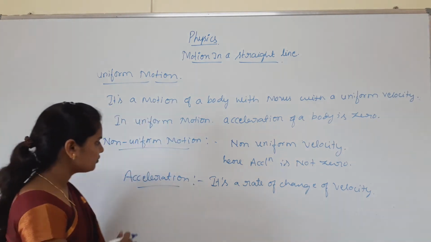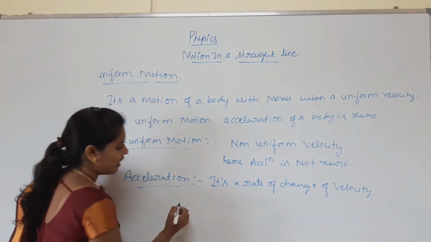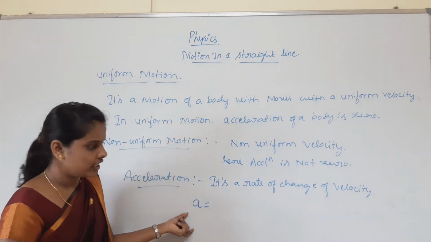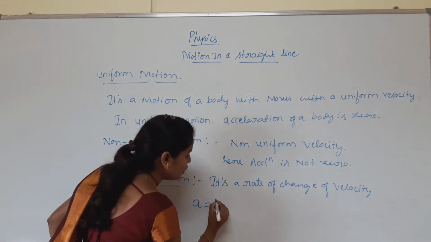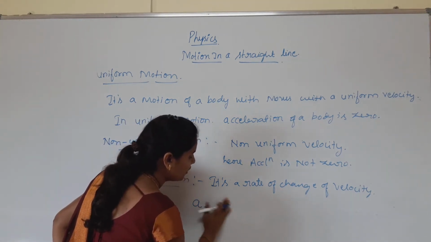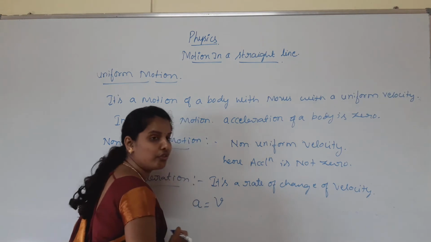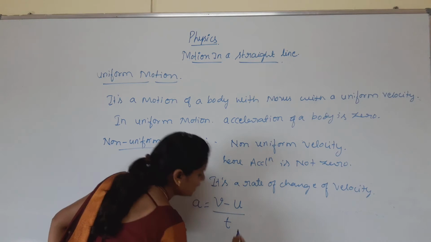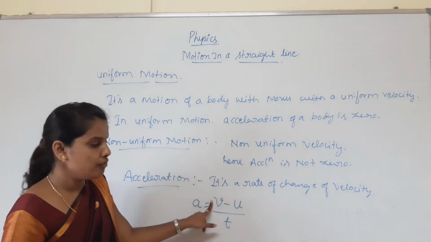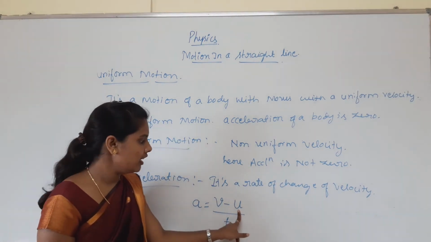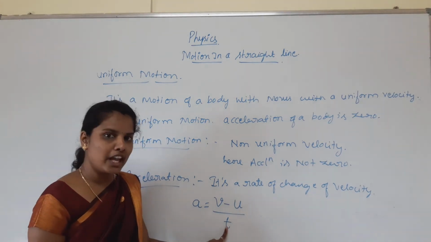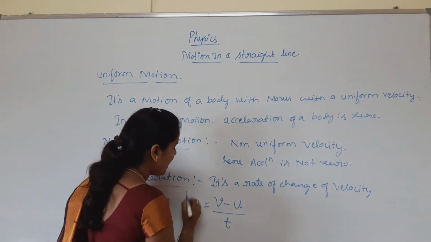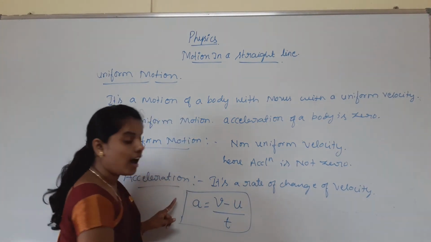The expression for acceleration is denoted by a small letter a. Final velocity is represented by v, and initial velocity by u.